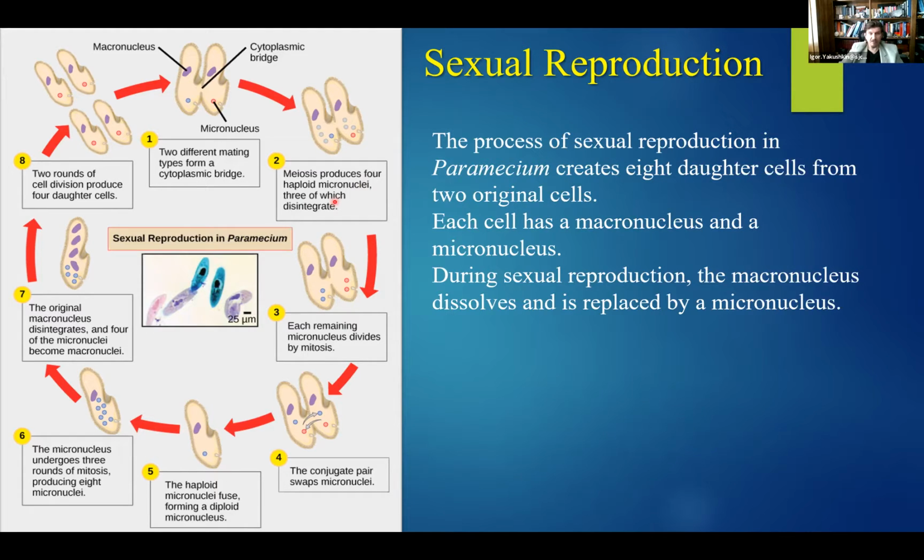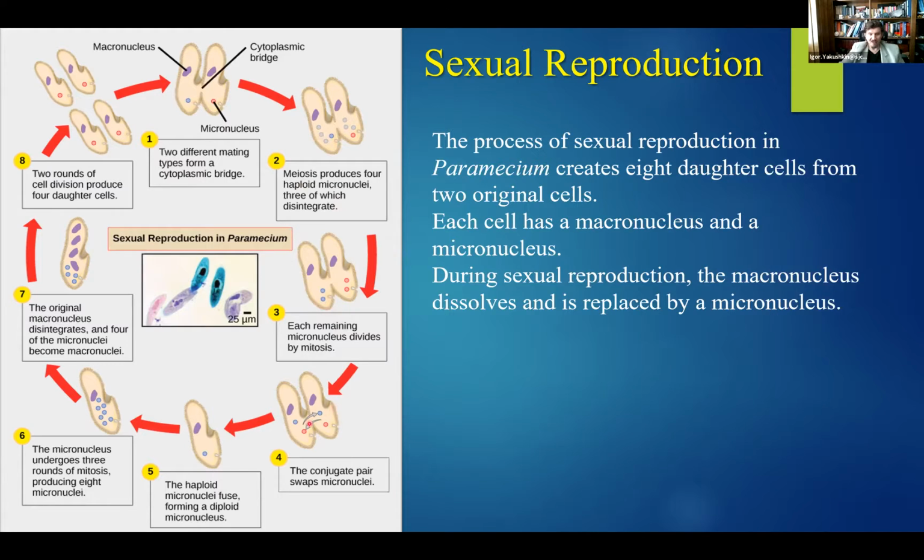Then the remaining micronucleus will divide by mitosis. So we have genetic variants produced by the meiosis. Some of those micronuclei will disintegrate, some will continue. That one will create an exact copy of itself, but that micronucleus is different, genetically speaking, than the previous ones because it went through the process of meiosis.